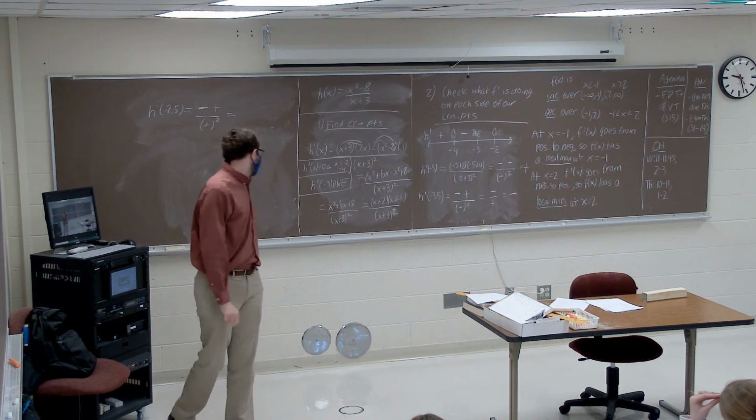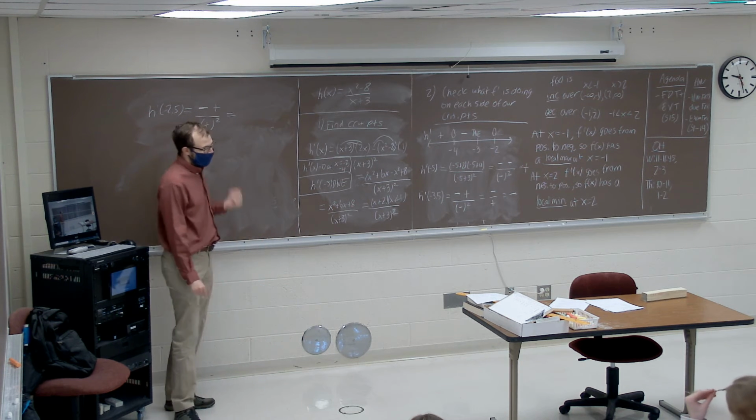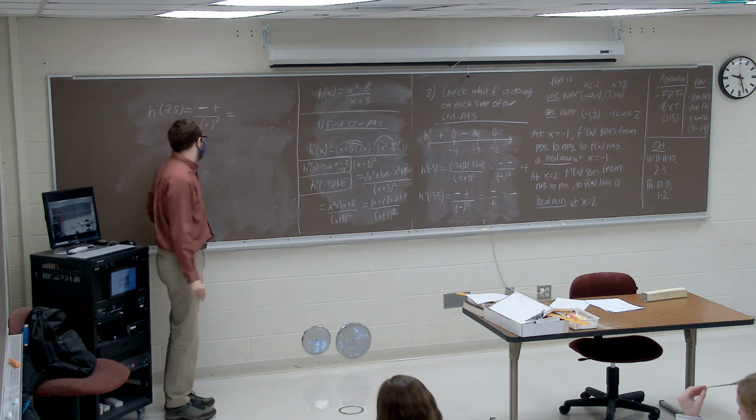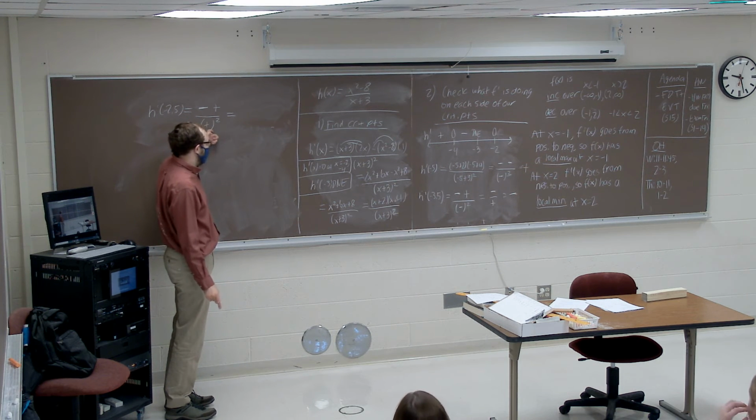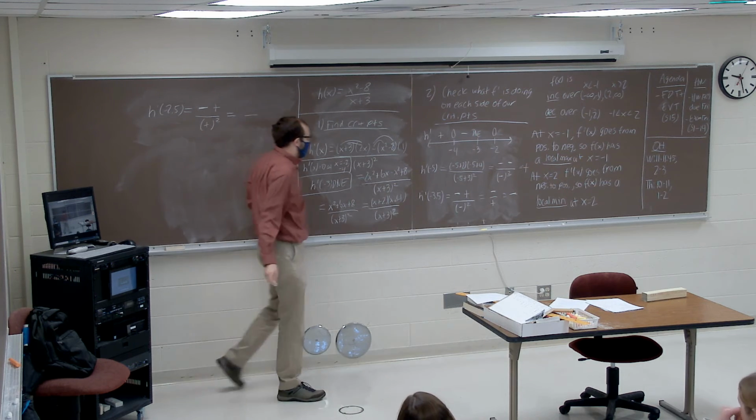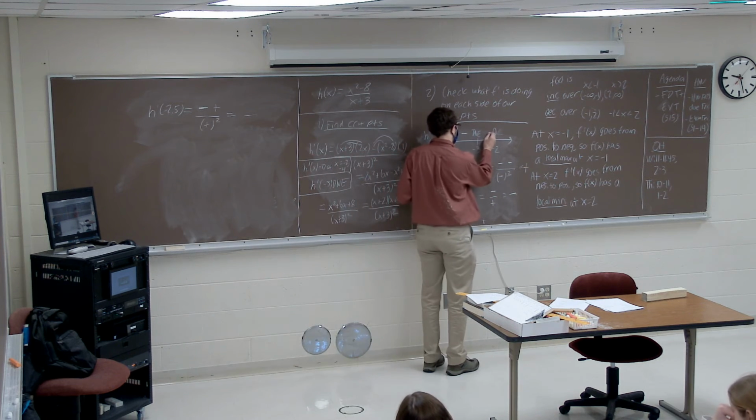John, is that going to come out to something positive or negative in the end? Negative, I think so. We're going to get a negative number in the numerator, positive in the denominator. Whole thing's going to come out to something negative.